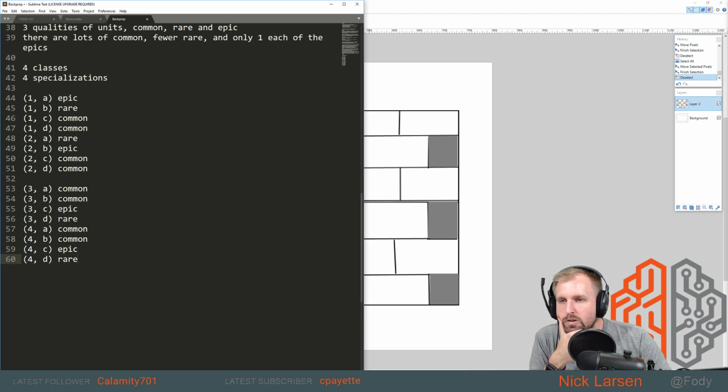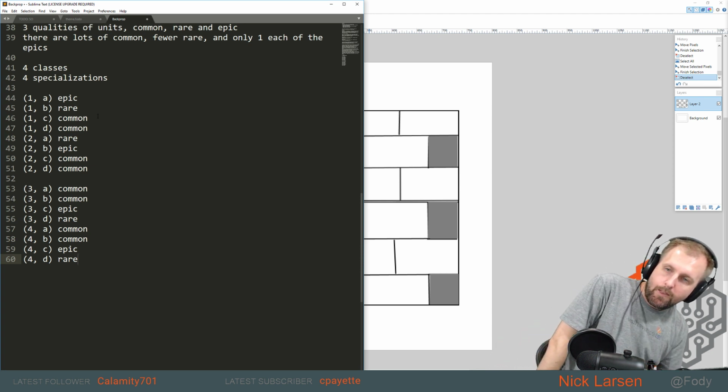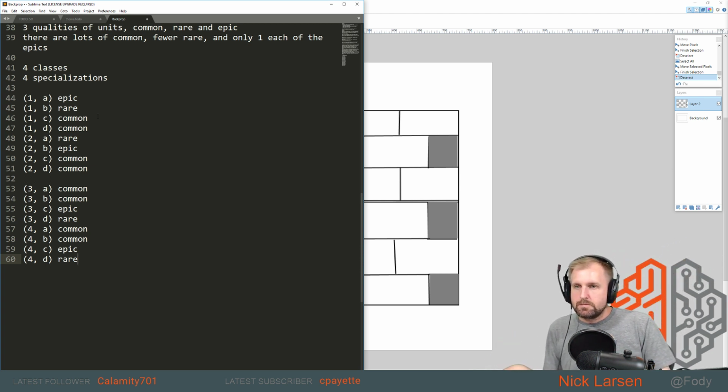Right, because this makes it so that you can get... Alright, specializations are supposed to be more powerful. Specializations are supposed to be more powerful.